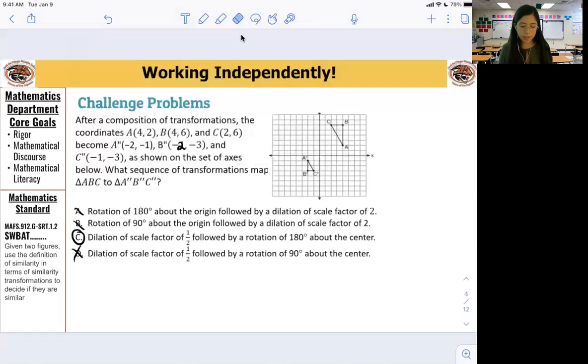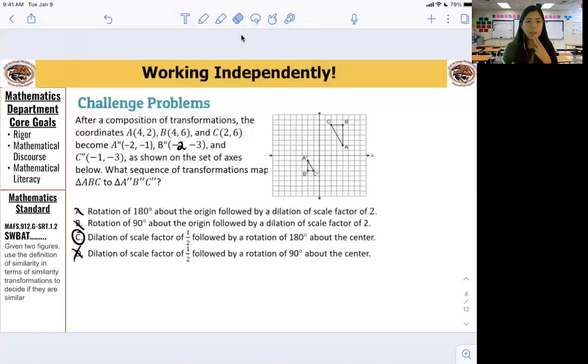Now, in this case, it was pretty simple. It was not the easiest thing in the world, but it was probably a little more simple because the answer choices are kind of obvious if it's right or wrong. So let's say you have 4 answer choices and 2 of them are really similar to each other.